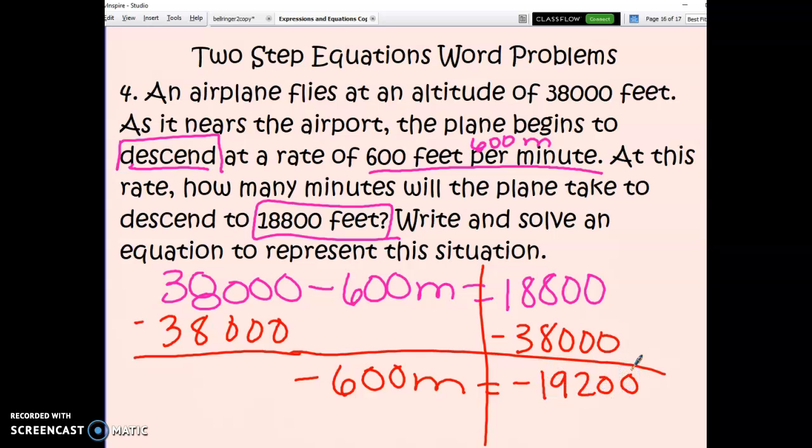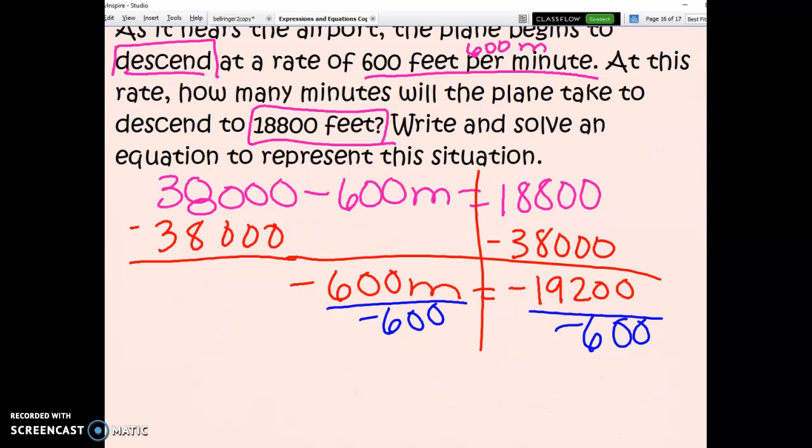Then I'm going to divide by negative 600. So 19,200 divided by negative 600, and I get that it takes 32 minutes to descend to 18,800 feet.